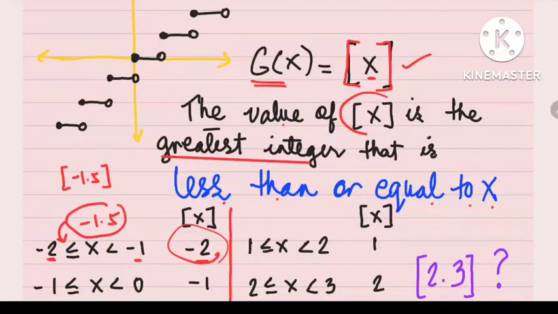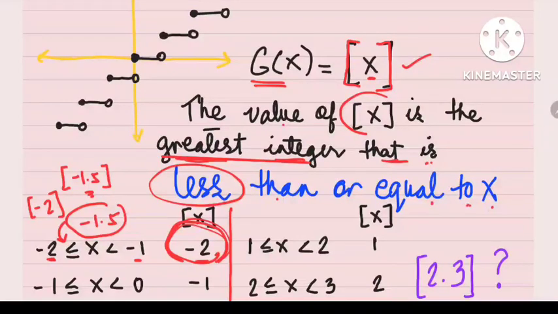Why? Because -2 is the greatest integer that is less than -1.5. What about the greatest integer value of -2? The answer is -2 because it is the greatest integer that is equal to x. Did you get it?